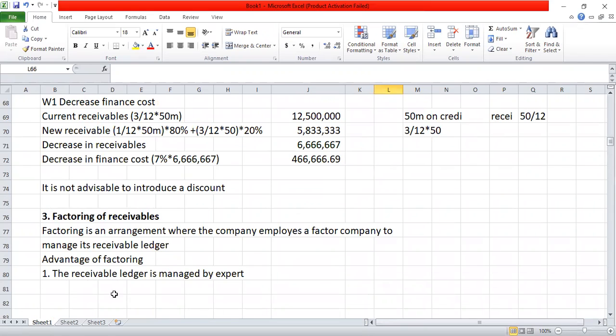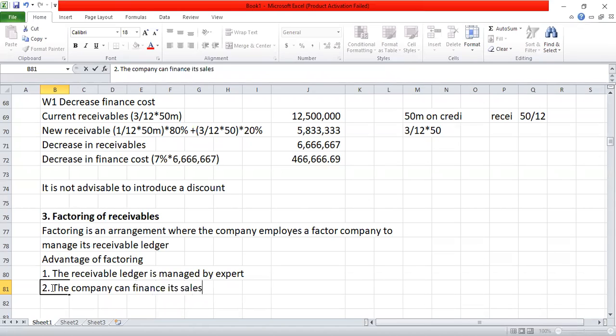So then too, the company can finance its growth from sales.